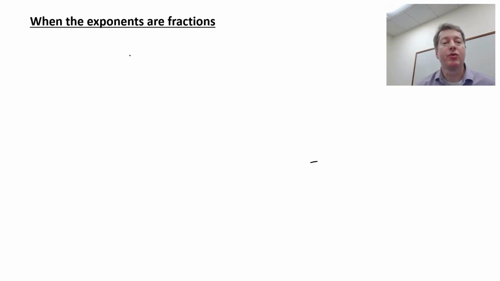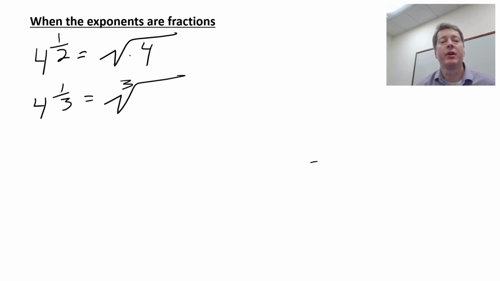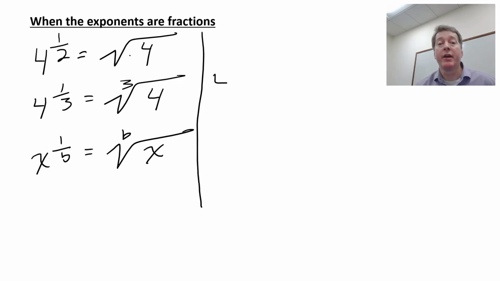Let's apply some general rules here. We said 4 to the 1/2 is what? The square root of 4. 4 to the 1/3 is the cube root of 4. You put the 3 inside that little divot, the cube root of 4. So x to the 1 over b is the b root of x. Suppose I have 4 to the 2/3.